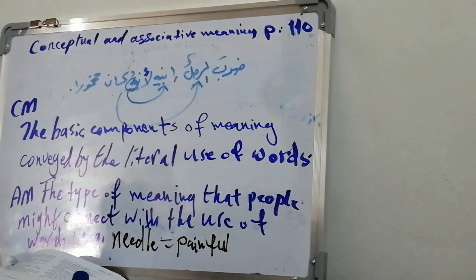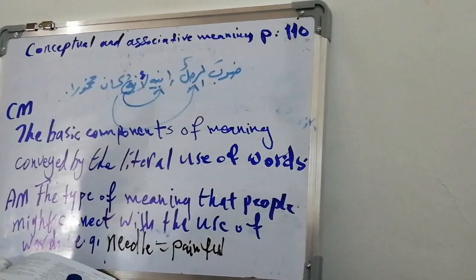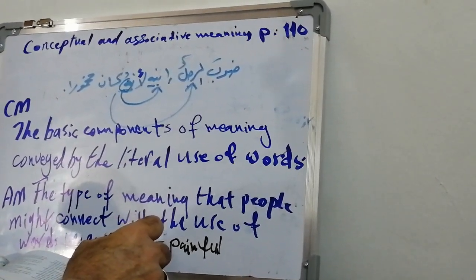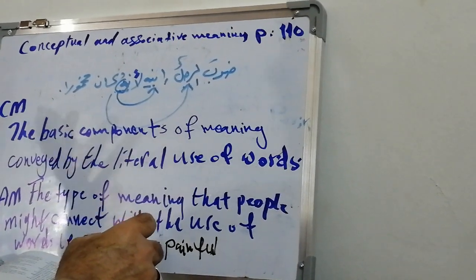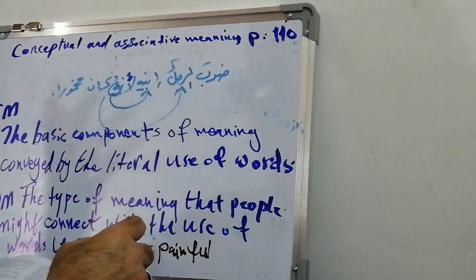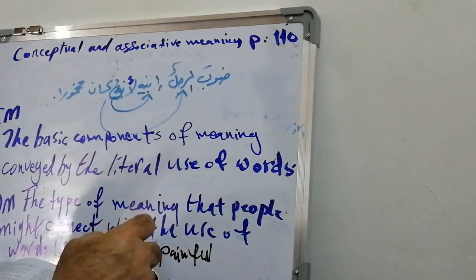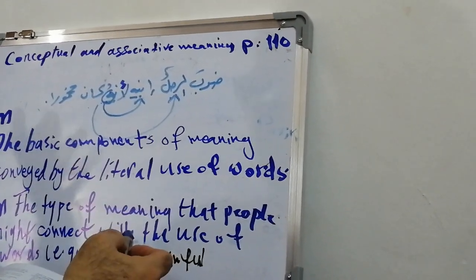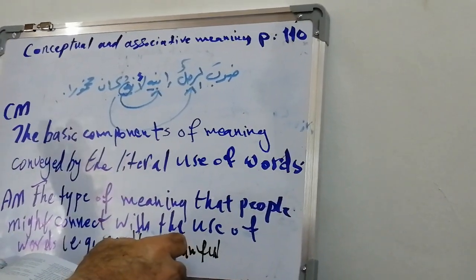This information, these things, are not found in the dictionary. They are found in rhetorical speech, in figurative language, the language which is, for example, used by a poet or a literary man. They suggest these things.